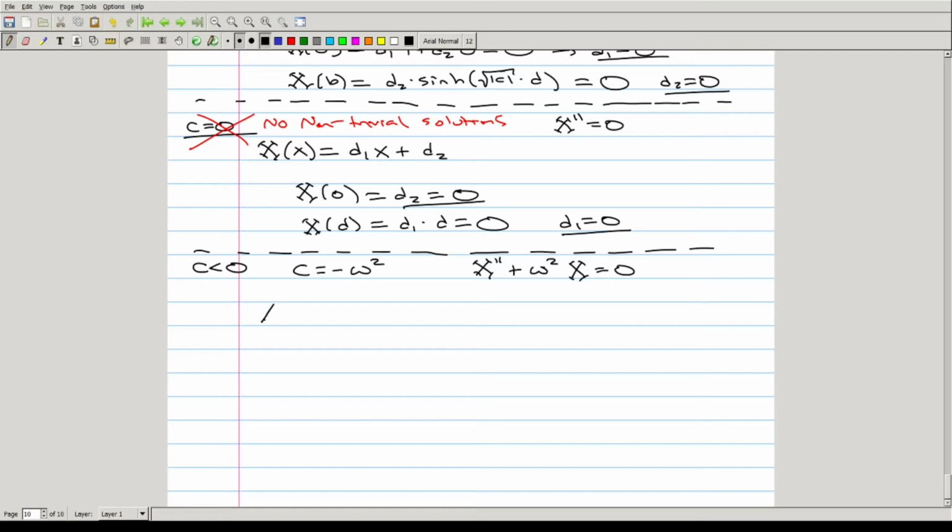And when we go through and solve this, the solution to this second order differential equation is going to be of the form a times cosine of omega times x plus b times sine of omega times x.